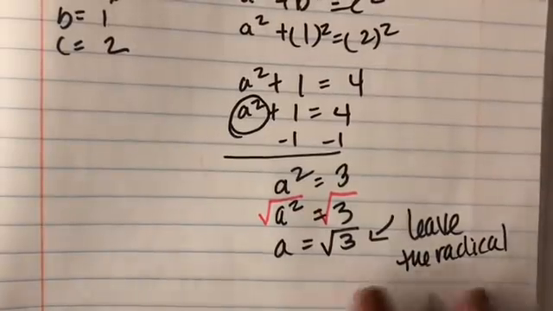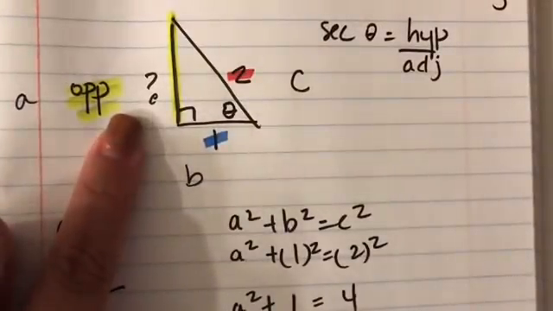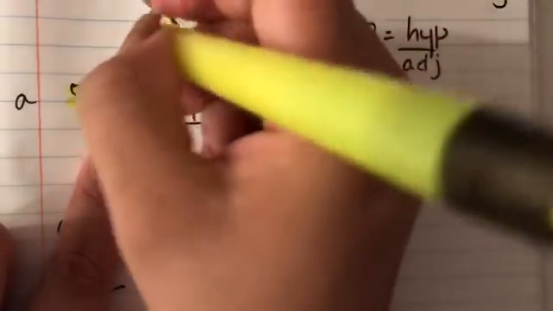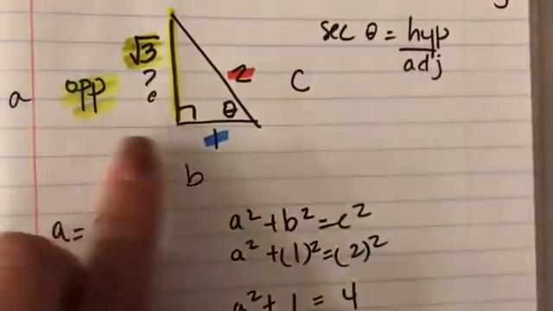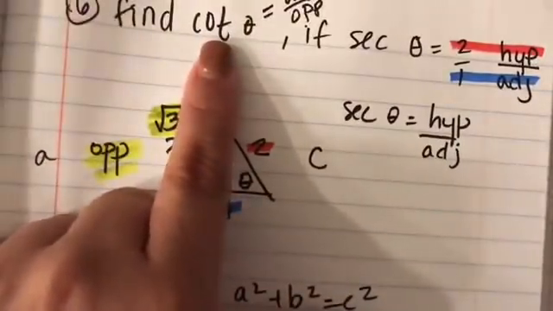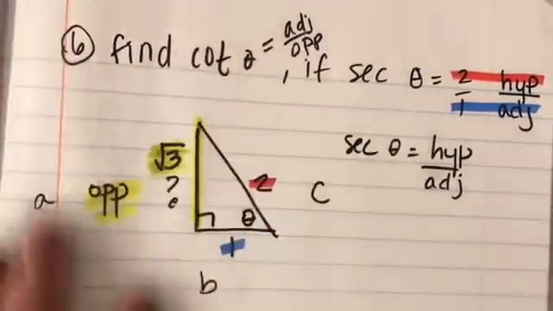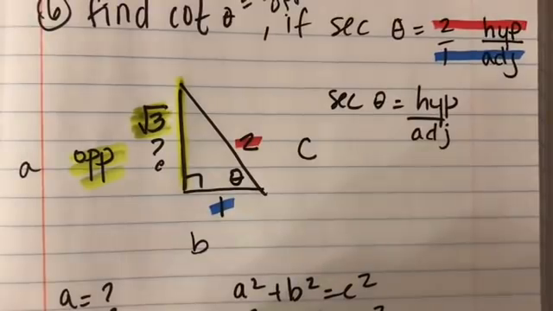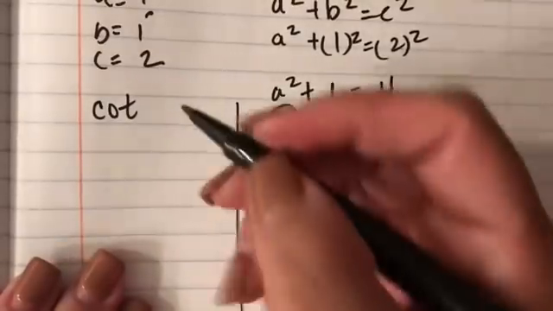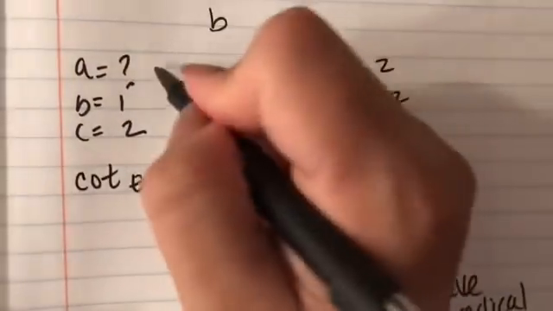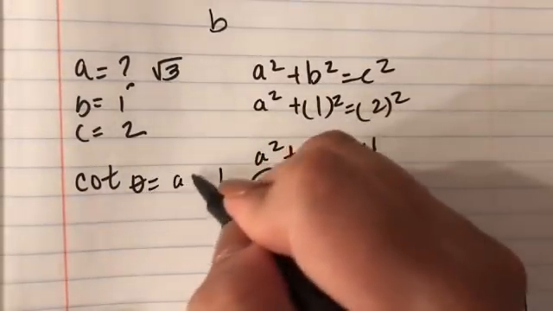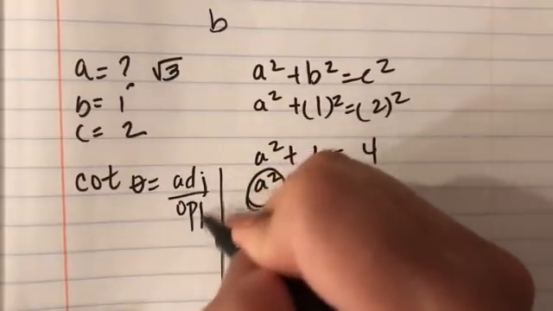So go back to our triangle. We know that this side is going to be the square root of 3. And we know we want cotangent of theta, which is adjacent over opposite.